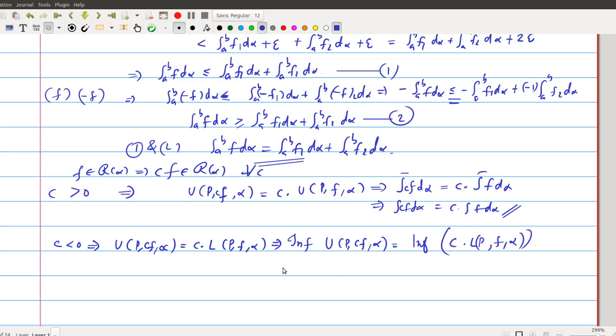But we know that this infimum will be the integral of cf d alpha. Since c is negative, the infimum of c times this can be written as c times the supremum of L(P, f, alpha), which is the same as the integral of f d alpha, because f is integrable. Now we have the integral of cf d alpha is the same as c times the integral of f d alpha.